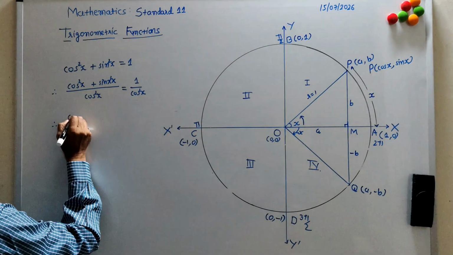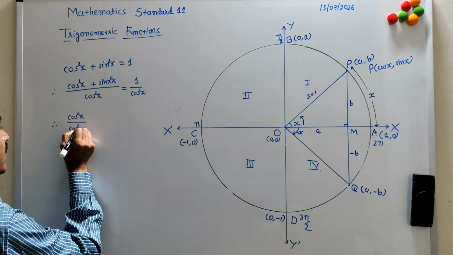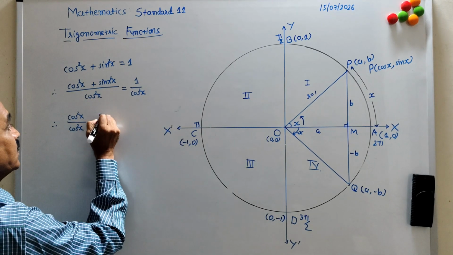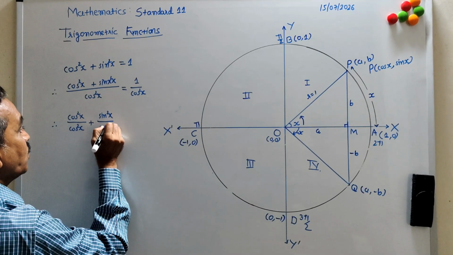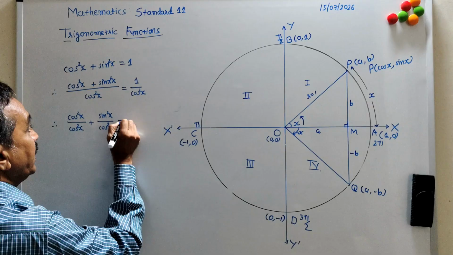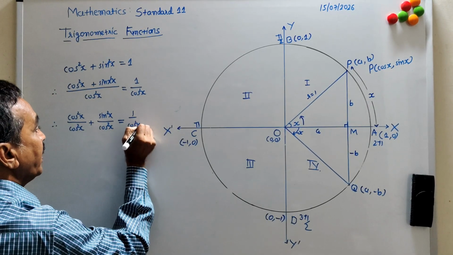So cos square x divided by cos square x plus sin square x divided by cos square x is equal to 1 divided by cos square x.